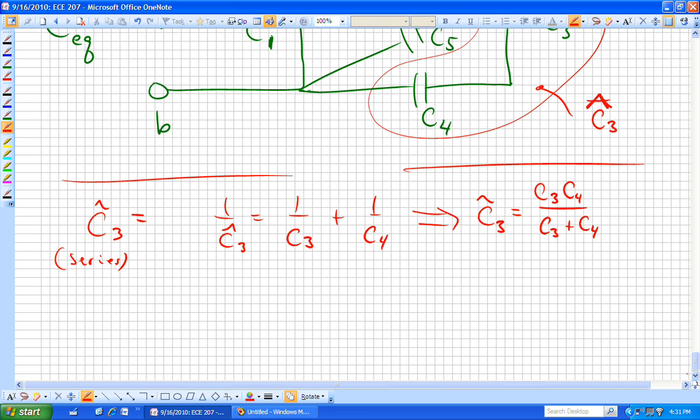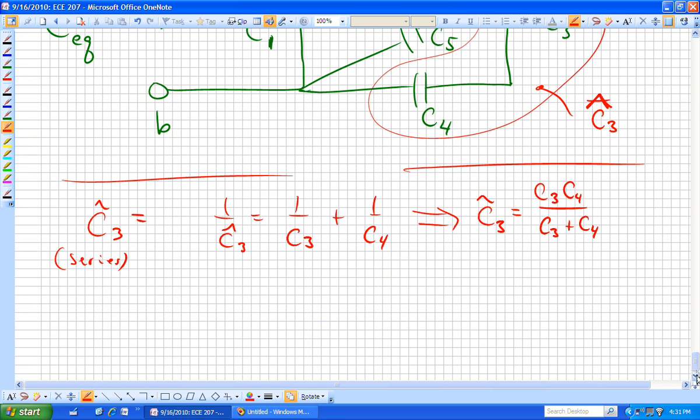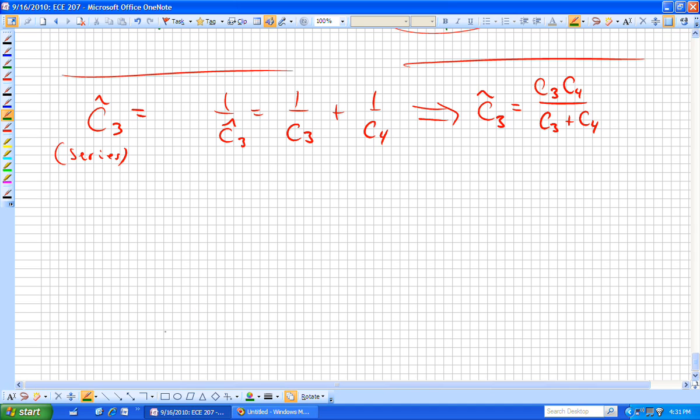What's my next strategy? Now I have C sub 3 hat in parallel with C sub 5. Does everybody see that? I now have this picture in part of my circuit. I have C5, and that's now connected to C sub 3 hat.